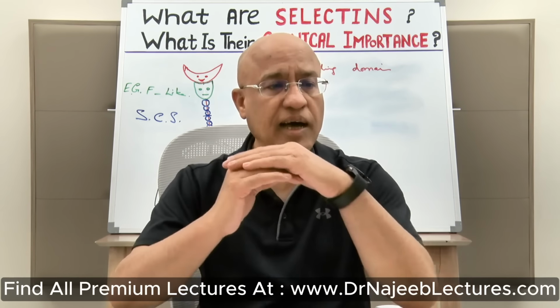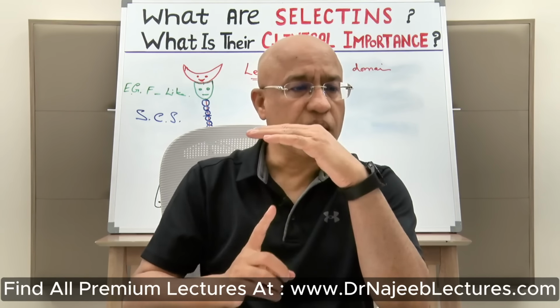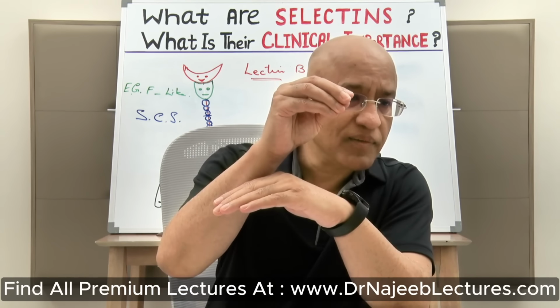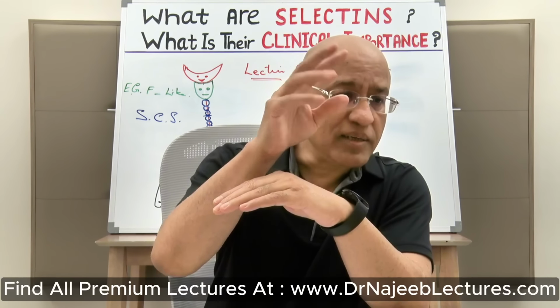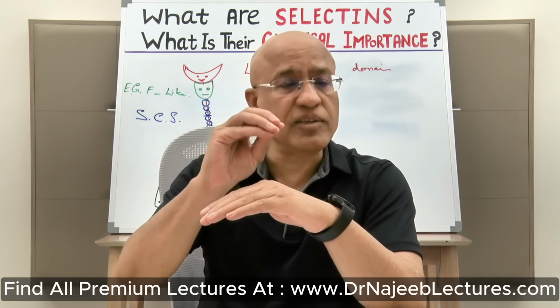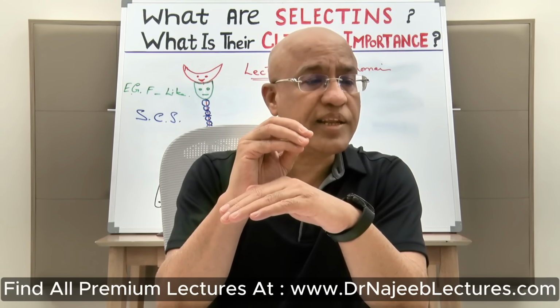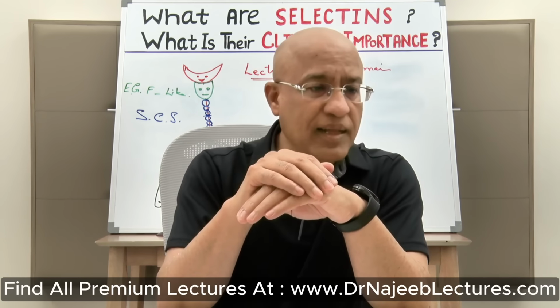When endothelial cells are activated by histamine and thrombin, then the endothelial cell from the Weibel-Palade body expresses p-selectins, right? These p-selectins will appear very rapidly after the inflammation, maybe within a few minutes.